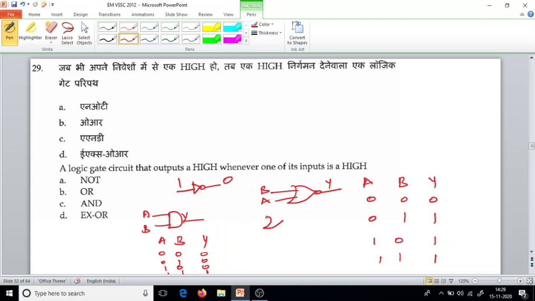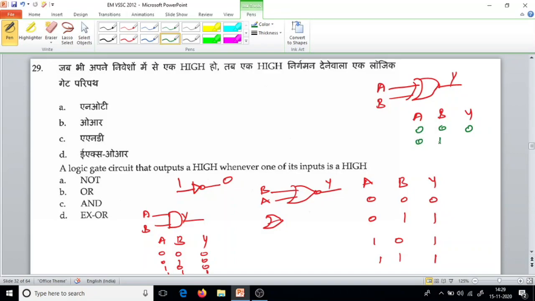Now the XOR gate. We have two inputs A and B, and the output is equal to Y. When A equal to 0 and B equal to 0, output equal to 0. In an XOR gate, whenever both inputs are the same, output is 0.